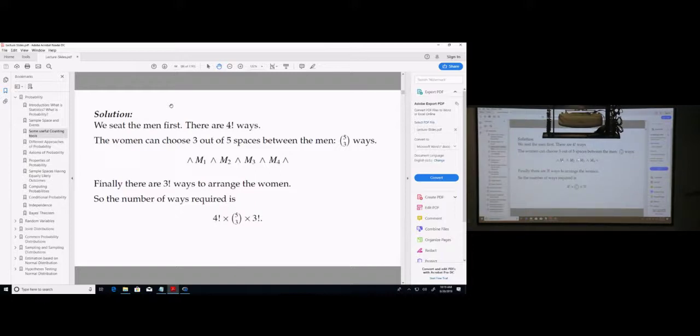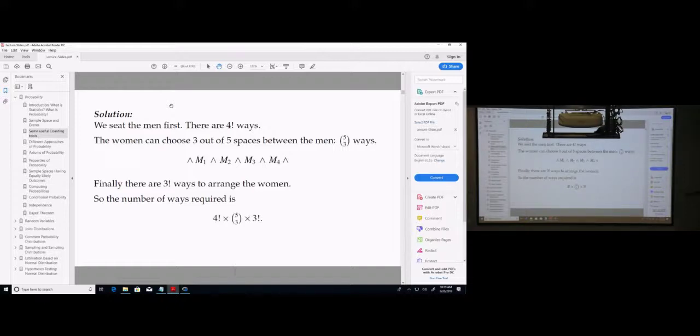And out of these 5 spaces, I have to choose 3 spaces to put the 3 women. And then I will ensure that the women will not sit next to each other. So that's the whole point here, all right? So depending on the choices of the 3 chosen here, some of the men will definitely sit next to each other.